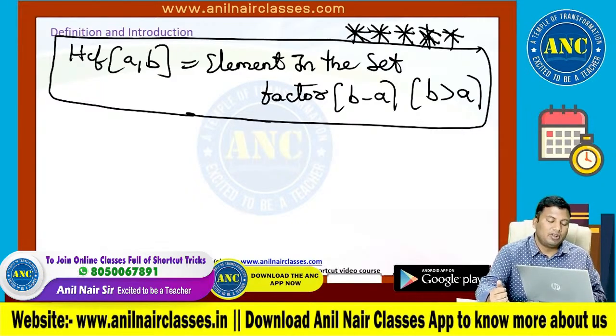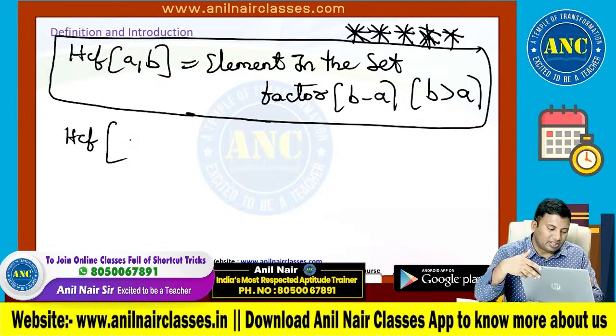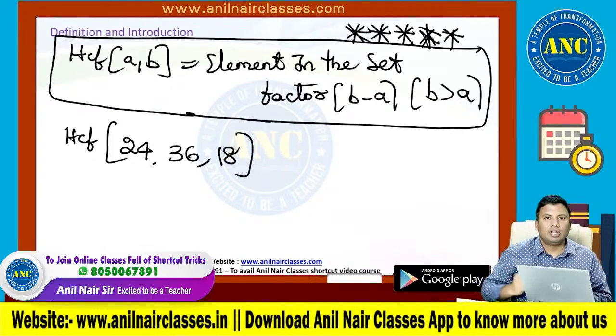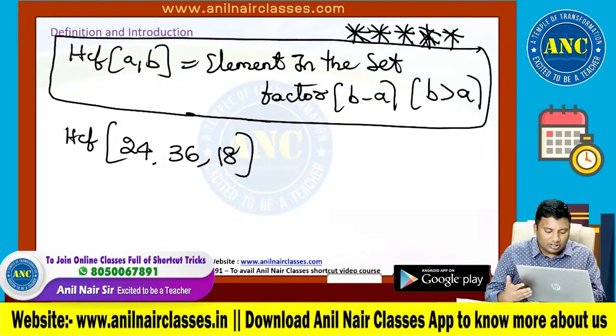Suppose 3 numbers are there: 24, 36 and 18. If 3 numbers are there, what you do is, what is the lowest number? 18.